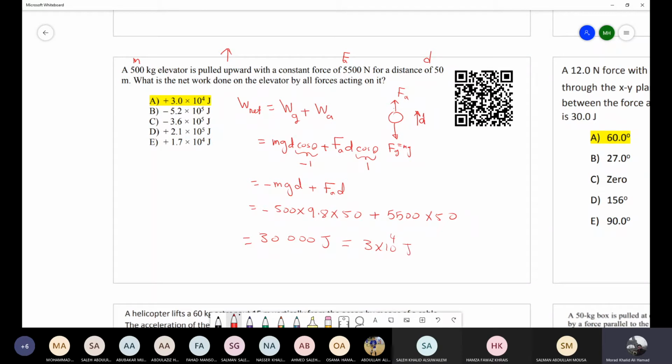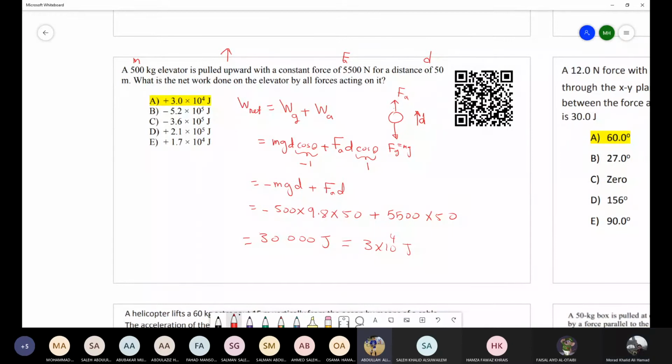Clear? Is there any different method or something? If you have any other different method, I can explain it to you in another way. But this is the easiest way.